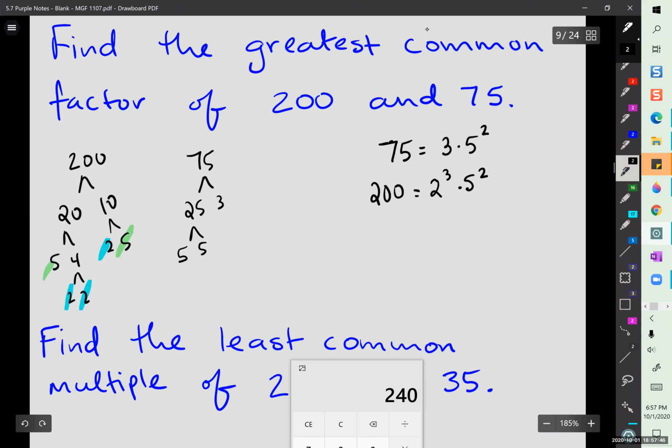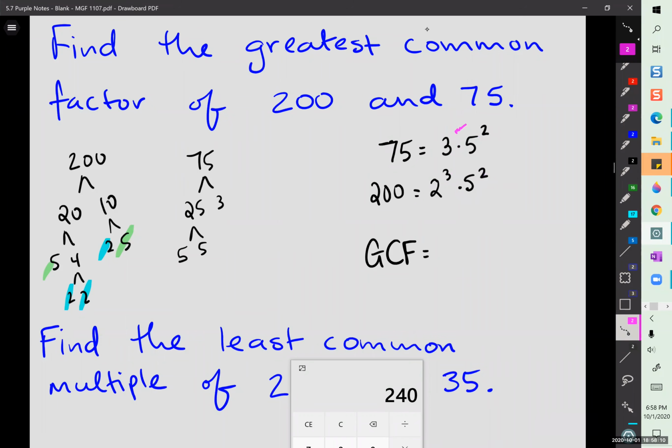And this is probably one of the things that you want to write down just as a helpful reminder, because with greatest common factor, the way we do about this is you only choose the prime numbers that are common to both expressions. So we look, there's a 3 and a 5 for the first one, a 2 and a 5 for the second one. The only prime that's common to both is the 5 itself.